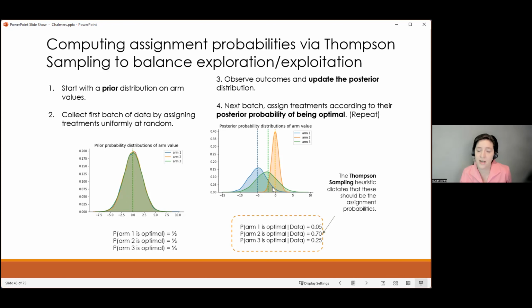We've gathered a lot of data about it, so we're confident that it's high. But there's still some probability that arm 3 is good. You can see that we haven't gathered as much data about arm 3. So there's still some chance arm 3 is better than arm 2 if we collected more data. And so the Thompson sampling heuristic is going to assign the treatment arm according to the probability that each arm is highest.